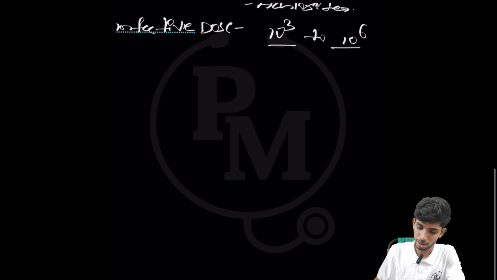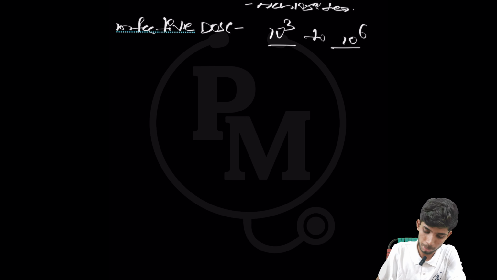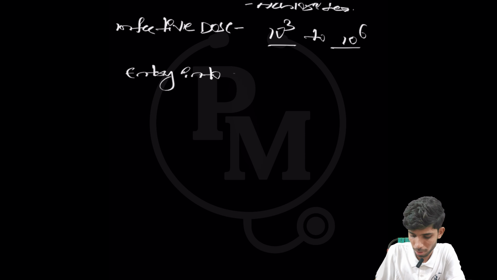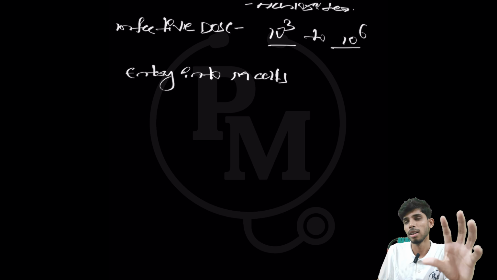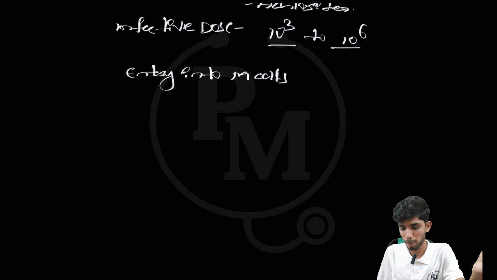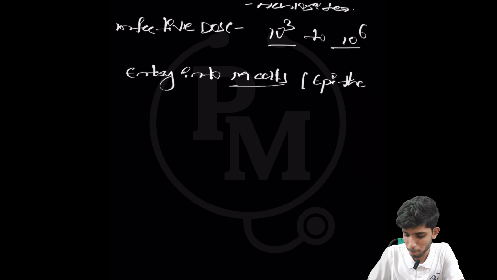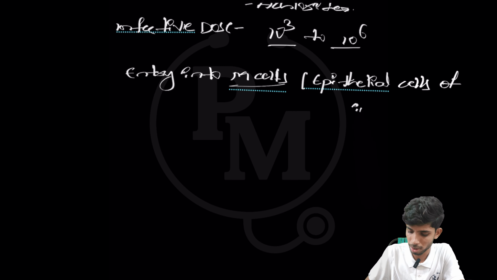Then entry into the M cells. M cells are present only in the epithelial cells of the intestine.